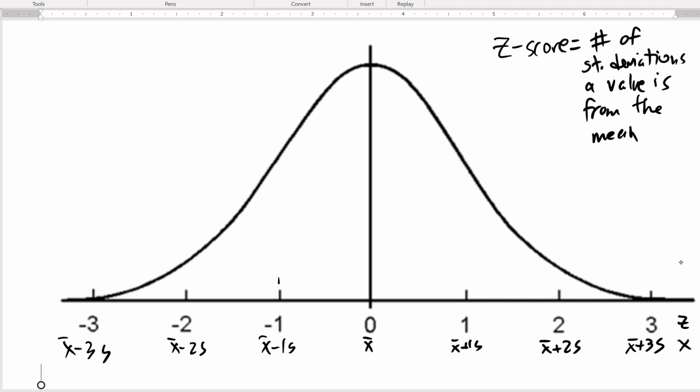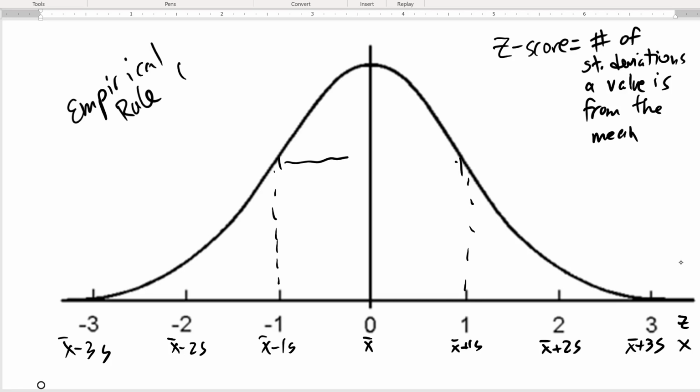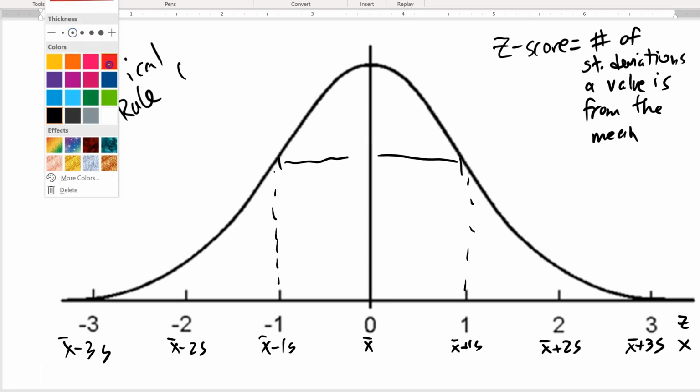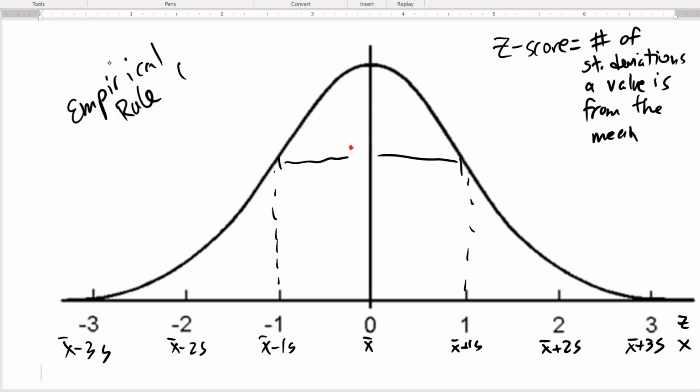So here's what we knew already using the empirical rule. We know that within 1 standard deviation we have 68% of the data. I'm going to go ahead and do this as a decimal this time. So 0.68. Okay?